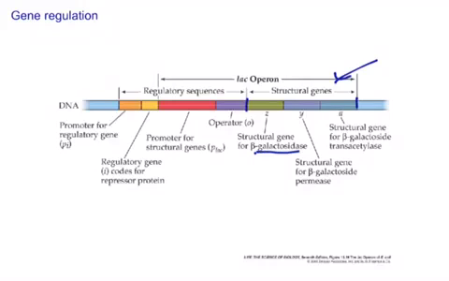So this structural gene has three segments, and it leads to the production of three different enzymes that are all related to metabolizing galactose. So this is what we refer to as the structural gene.